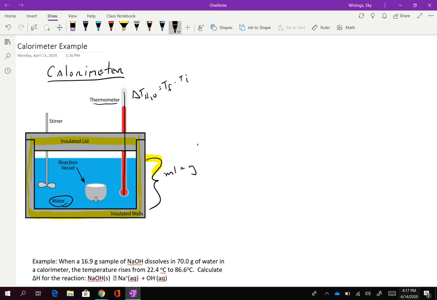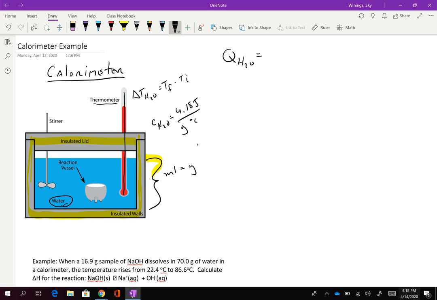And then we also know the specific heat for water, which we just have to have memorized, equals 4.18 joules per gram degrees Celsius. So what I was doing just there was gathering my units to solve for the energy of water.